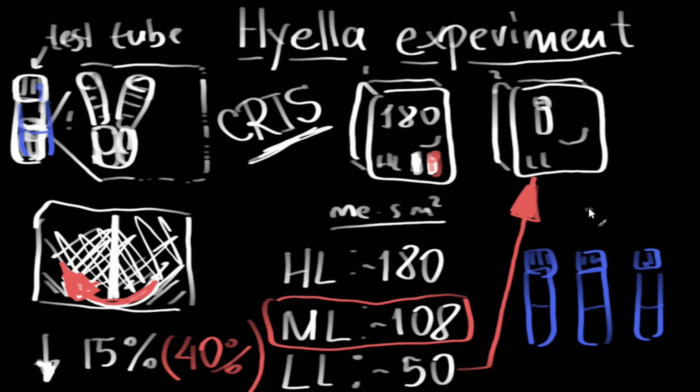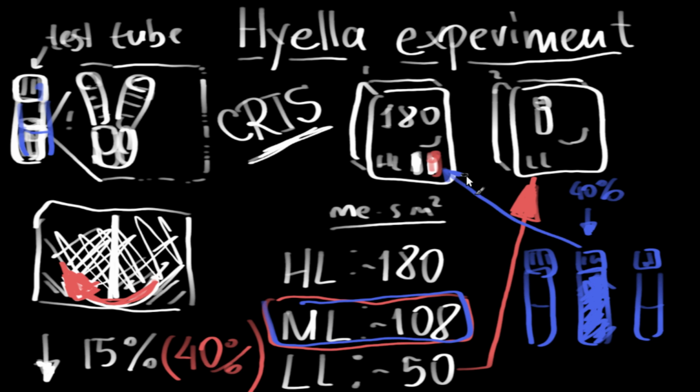And we wrap this one with sunscreen, and we reduce the light intensity by 40% here, and we got this value, and we wrap this tube with the sunscreen, and we put it here, and the high light treatment just goes here in the first incubator, and the low light just gonna go inside this incubator.